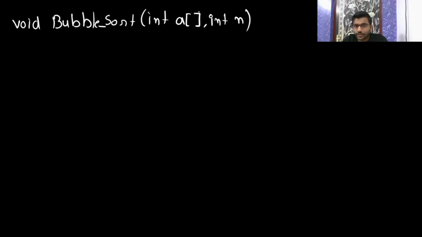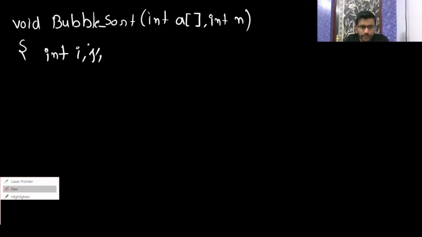This is the array and this n is its size. Now let me first show you the not improved one, the simple one. So what we will do, for int i and j, I am declaring two variables because I will require them.